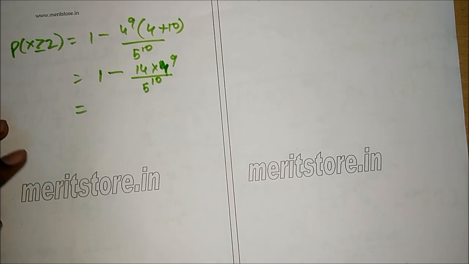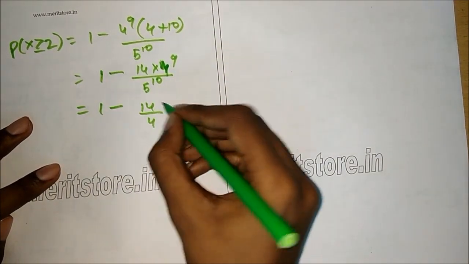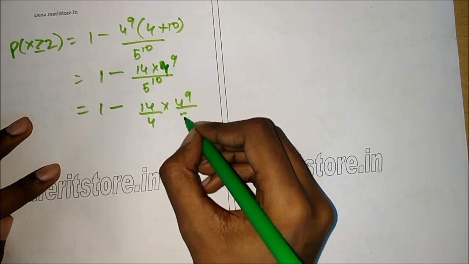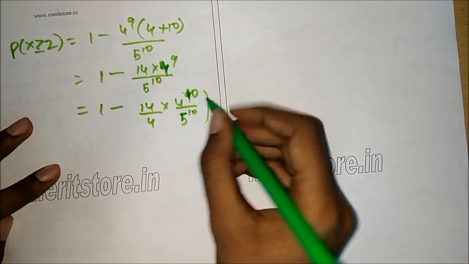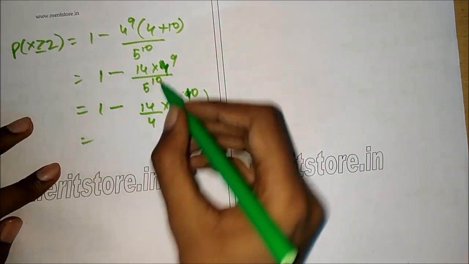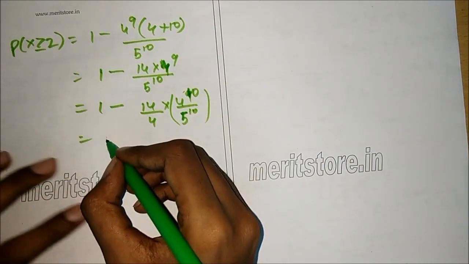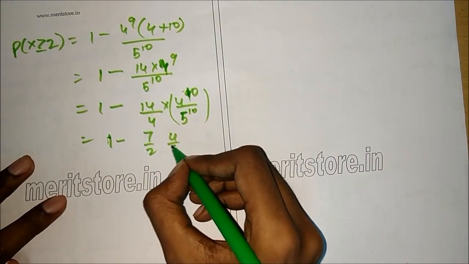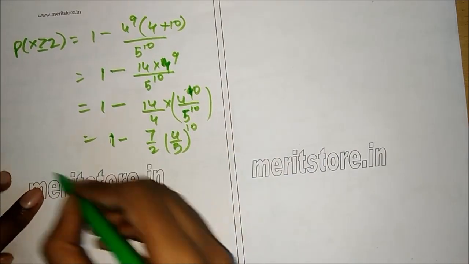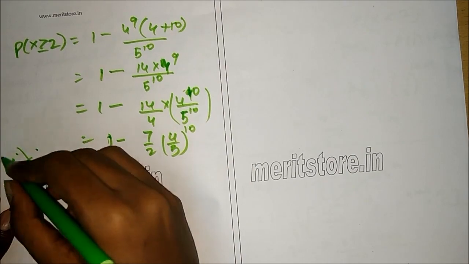That is 1 minus 14 by 4 into 4 raised to 9 by 5 raised to 10, divide and multiply by 4. So this will be 1 minus 7 by 2 into 4 by 5 raised to 10.